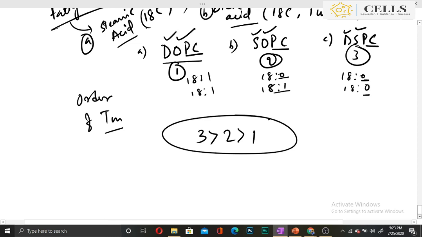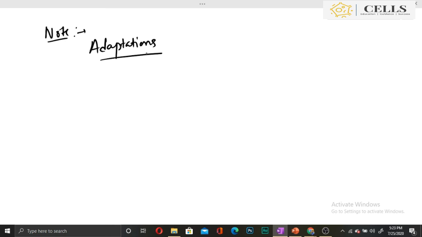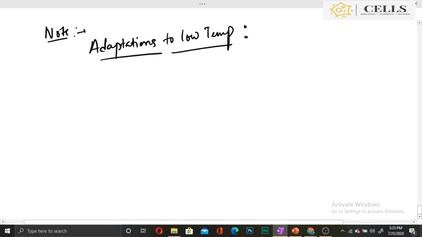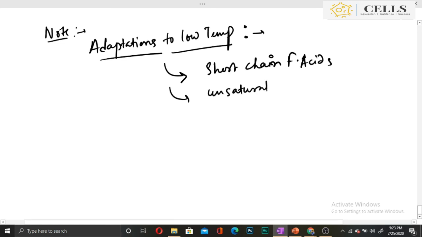Now another important point, also write a note: adaptations. Suppose a particular organism is adapted to a low temperature. What will be the profile of the fatty acids in the plasma membrane of the cells? For low temperature you need short chain fatty acids and unsaturated fatty acids.